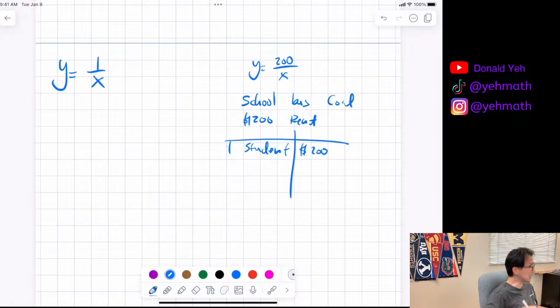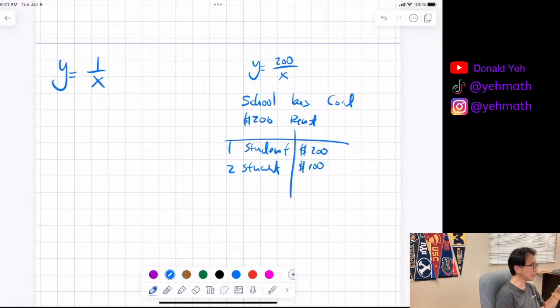Now, with 2 students, it looks like it's a linear function at this point, because each student is going to pay $100. But you know it's not linear. Because if there are 3 students, and it's linear, you're going to pay what? $0, which doesn't make sense because you should have a common difference.